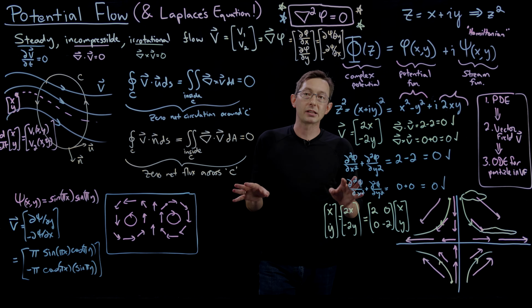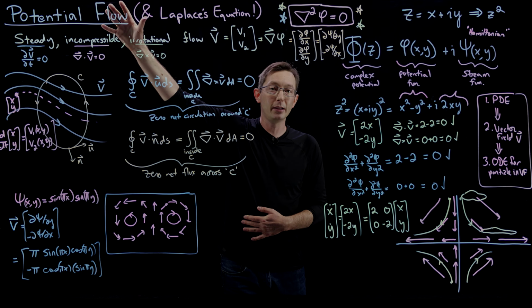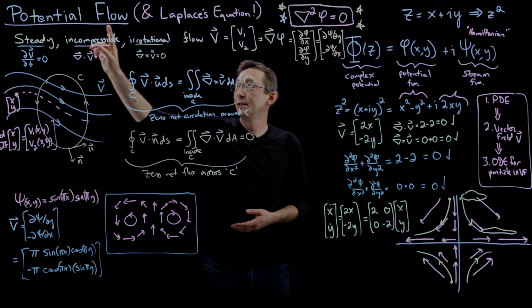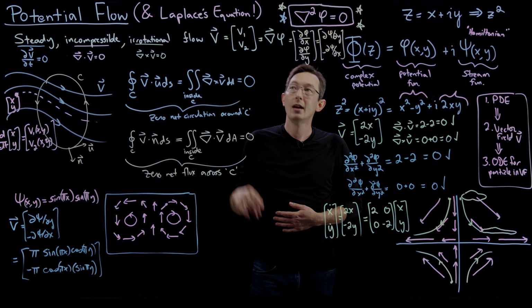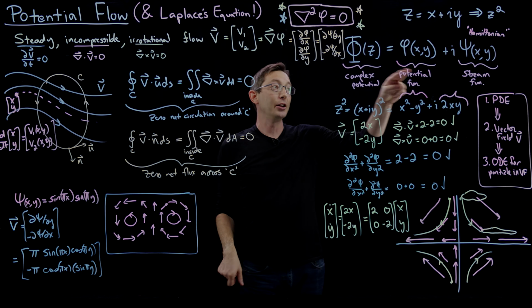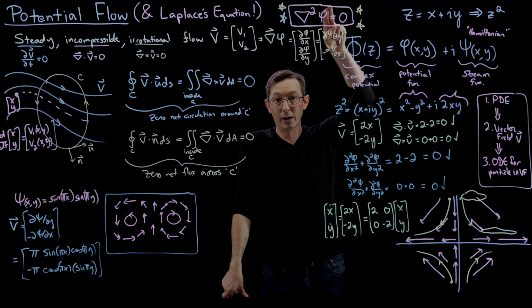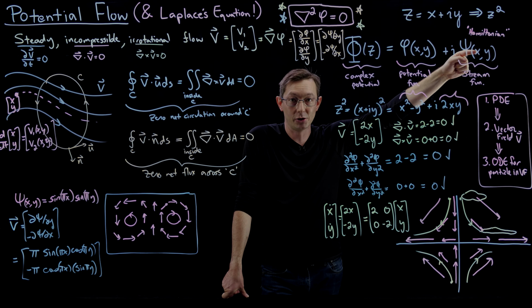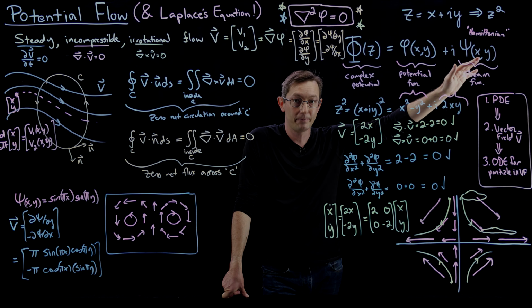Okay, so big picture summary. Potential flow is a really, really useful subset of vector fields that are steady, incompressible, and irrotational. They are obtained by taking the gradient of a potential function that satisfies Laplace's equation, or taking this kind of skew gradient of the corresponding stream function for complex potentials.